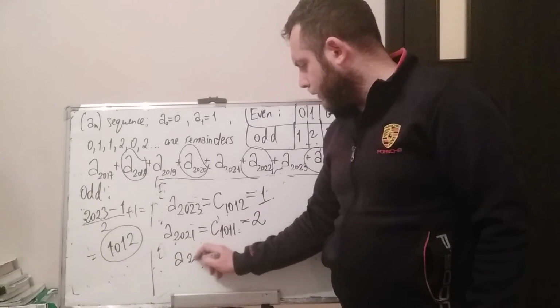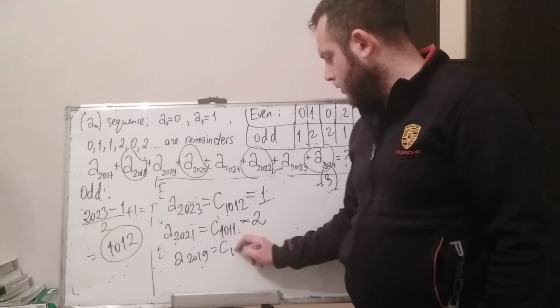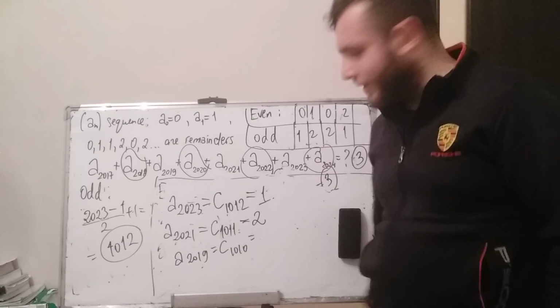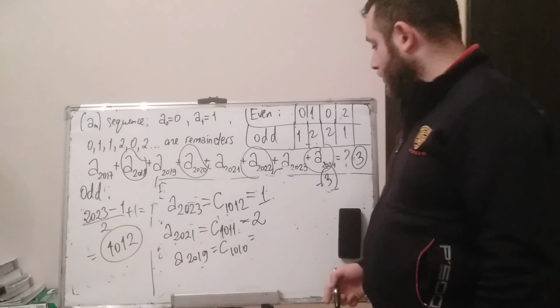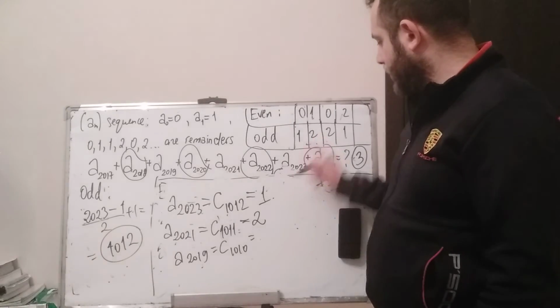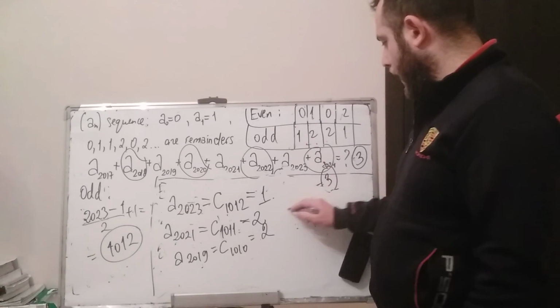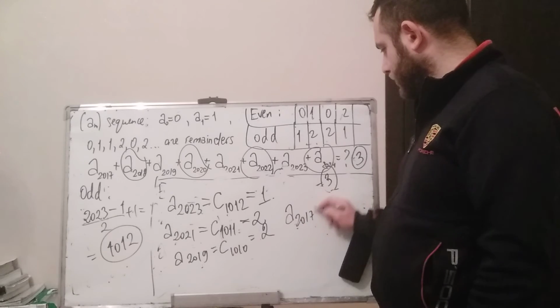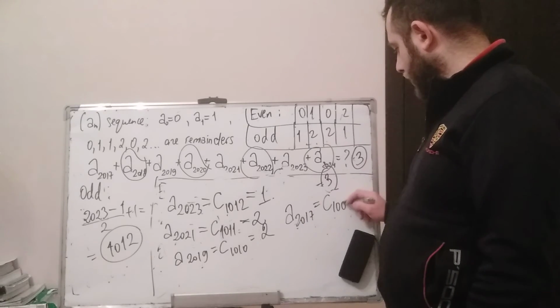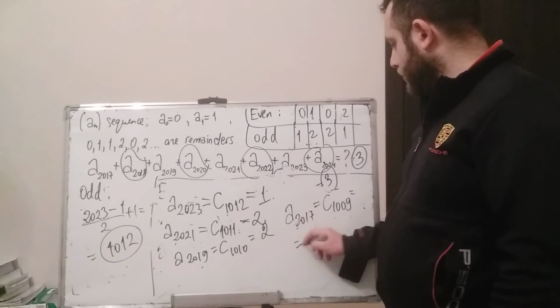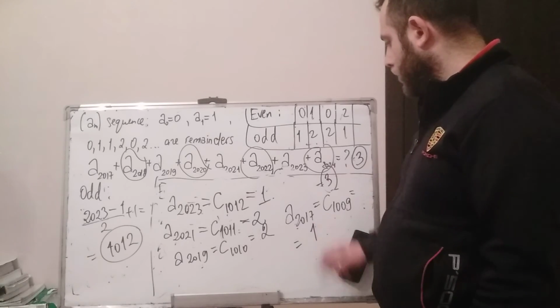A 2019 is C 1010. The remainder is 2, which means the second, it is 2. And A 2017 is C 1009. Remainder 1 means 1.